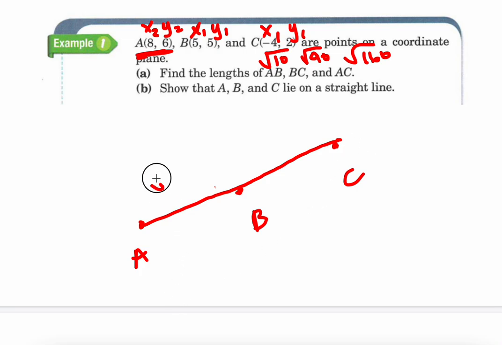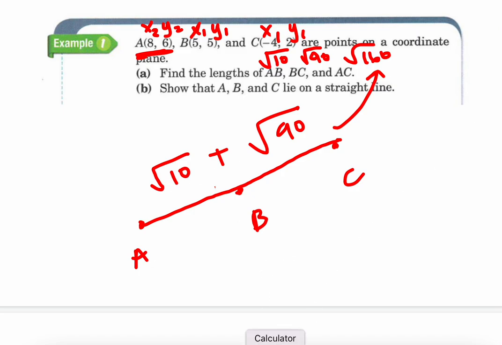So again, square root of 10 plus square root of 90 should then add up and equal to AC, square root of 160. Now with square roots, it doesn't just work like, oh, 10 plus 90 is not equal to 160. It's not like that, right? Because we still have to square root them. So let's figure out the square root of 10 in our calculator.